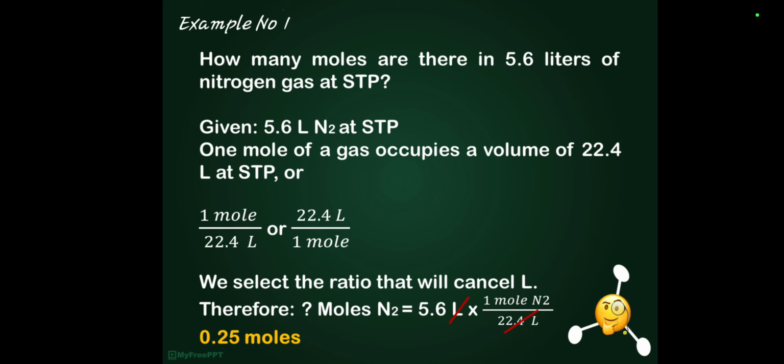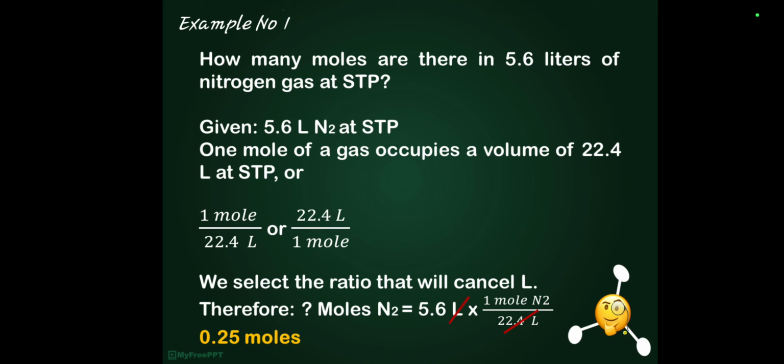For the first question, the given is the liters. So here, we select the ratio that will cancel liters. Therefore, moles of nitrogen equals 5.6 liters, which is the given, times 1 mole of nitrogen over 22.4 liters.